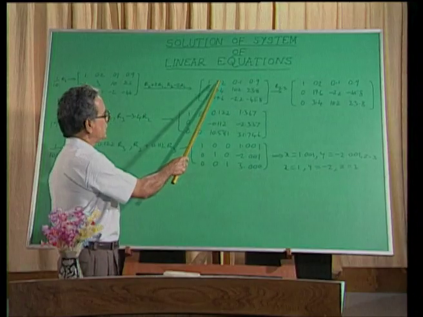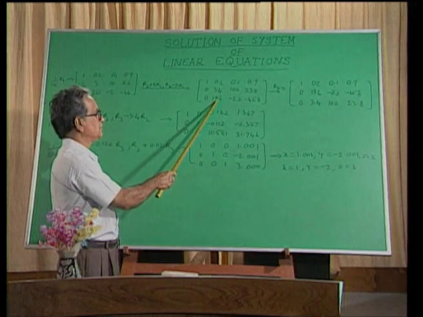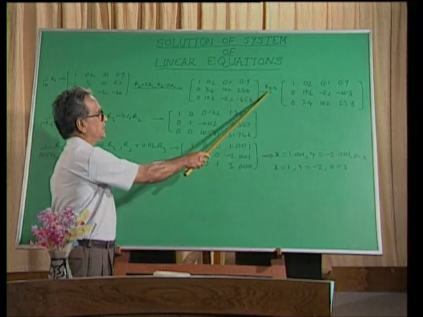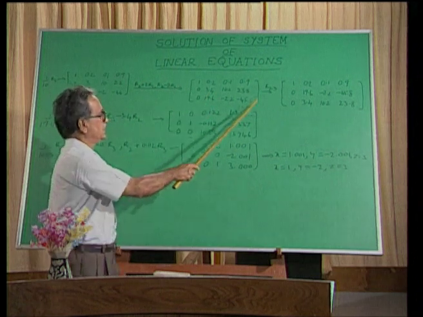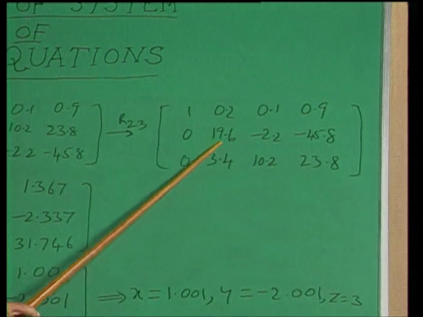Now, if you look at the second column, it contains 19.6, the largest number, in the third row. Therefore, we perform the interchange R23, the second and third rows are interchanged, thereby this matrix becomes this. Now, this is the second row pivot.